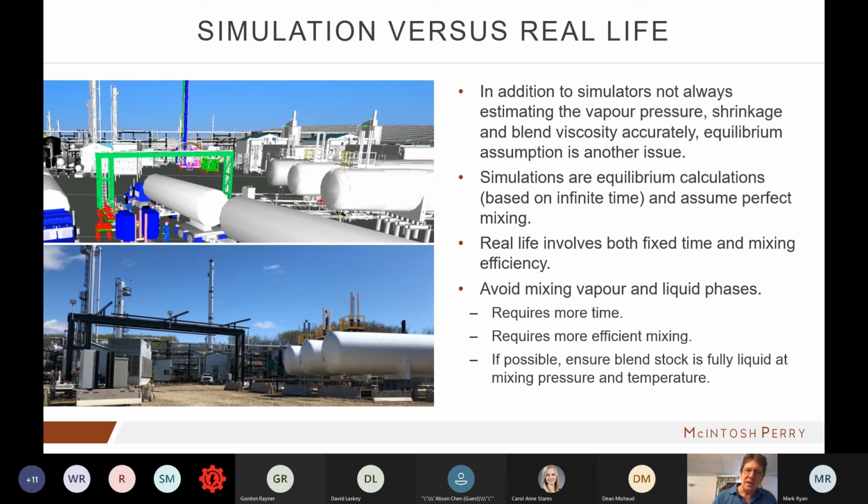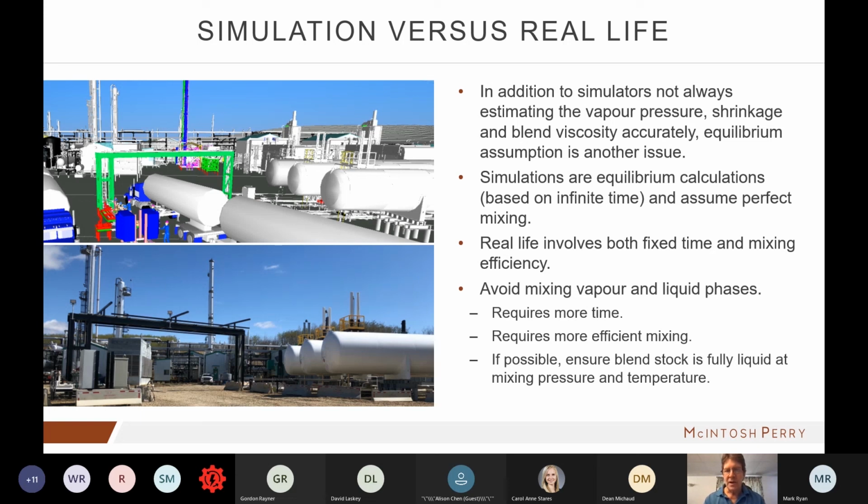The other thing that's happened, and it actually happened to me on a project, was be careful when you're using a relatively light blend stock, because you may pull the lighter blend stock from a higher pressure down to a lower pressure that you're actually blending at. And if you do that, you might run into vaporization of the actual blend stock.